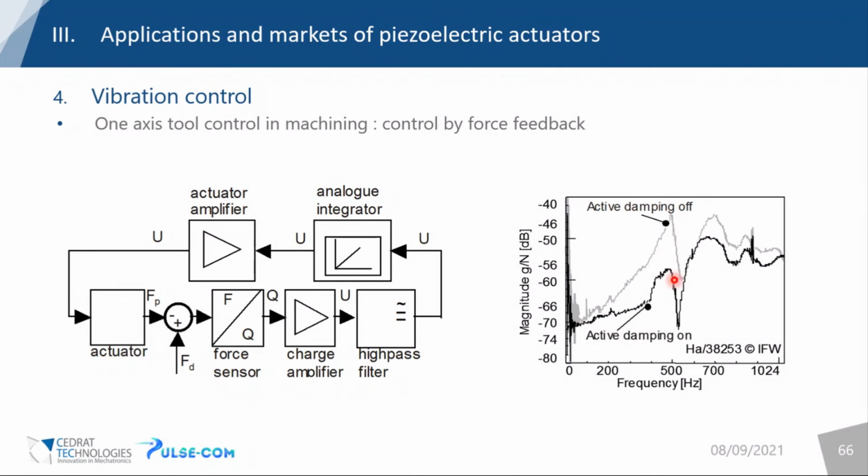And when you activate the closed loop, you supply the actuator with voltage depending on the vibration exerted at the level of the tool. You have far lower accelerations at the level of the tool and the parts, which means less vibration and better surface quality.